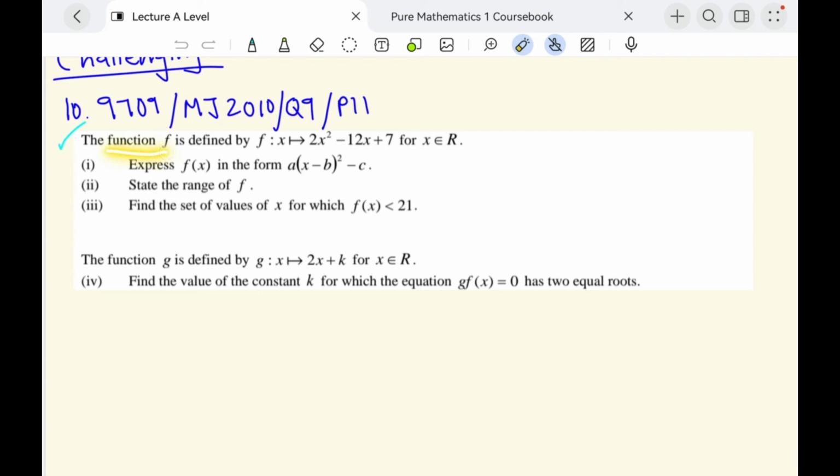The function f is defined by f: x maps to 2x squared minus 12x plus 7 for x in the set of all real numbers. For the first part, express f(x) in the form a(x − b)² − c. You need to express this into the form. So you may recall this from your chapter 1.